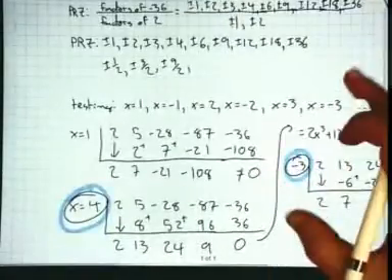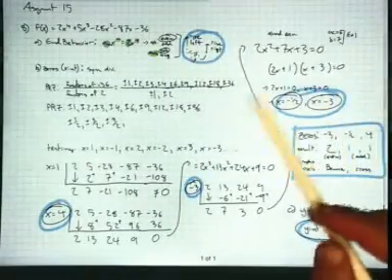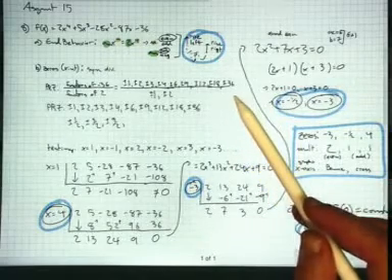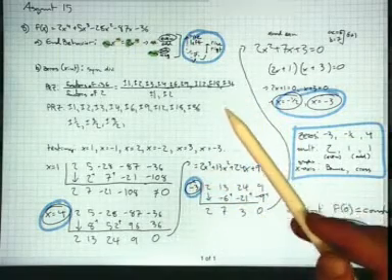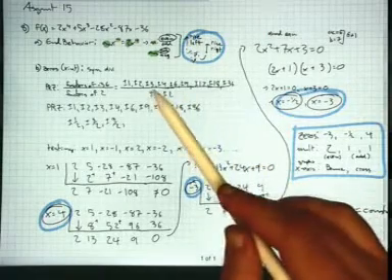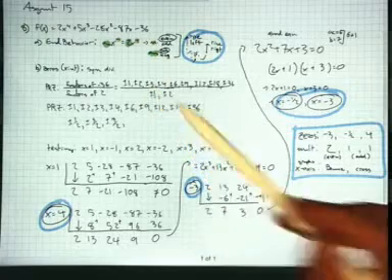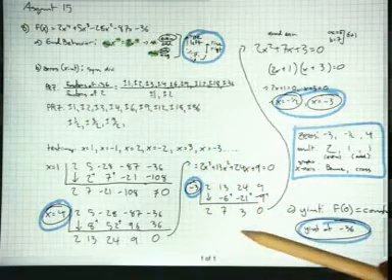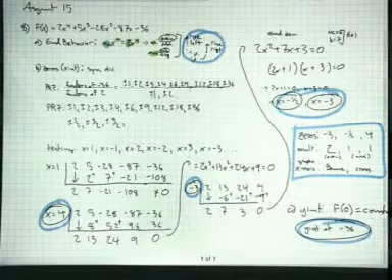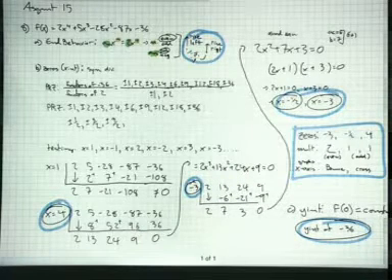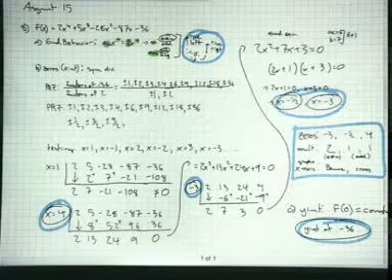I am not going to make you on an exam or a quiz, especially when it comes to graphing, go through synthetic division more than, here you'd have to do it 6 times. 1, 2, 3, 4, 5, 6 times before you ever got to the actual zero of the function. I'm not going to make you do that. So the point that I want to say there is, as long as you go through the first 4 possibilities and your algebra is correct, you will find a zero of the function, and that's in regards to a quiz or exam.